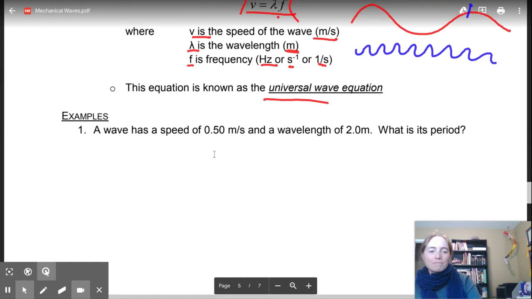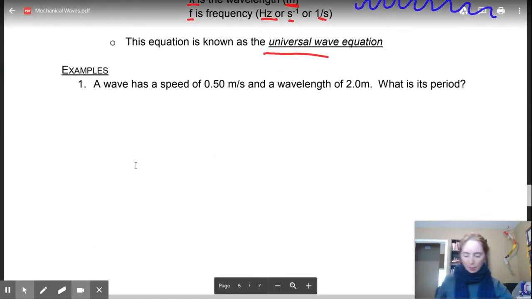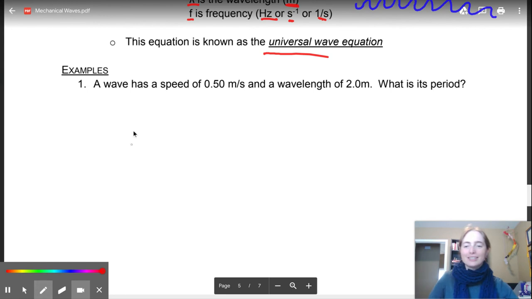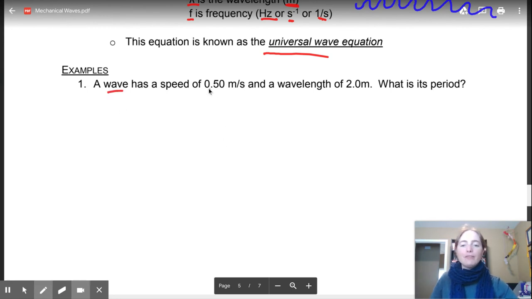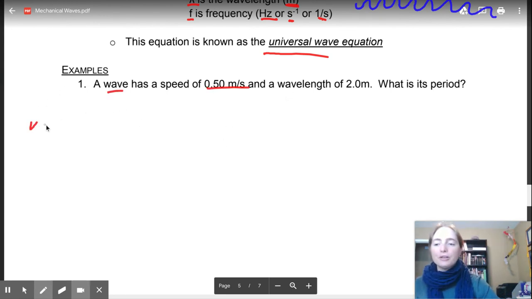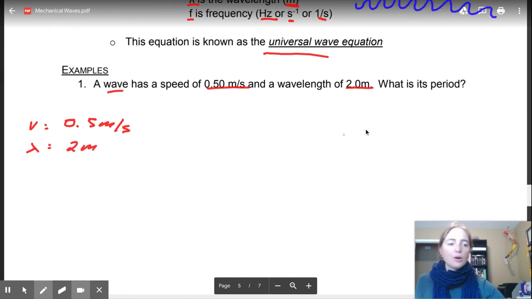All right. So, ladies and gentlemen, let's do a few calculations. A wave has a speed of 0.5 meters per second and a wavelength of 2 meters. Okay, what is its period?